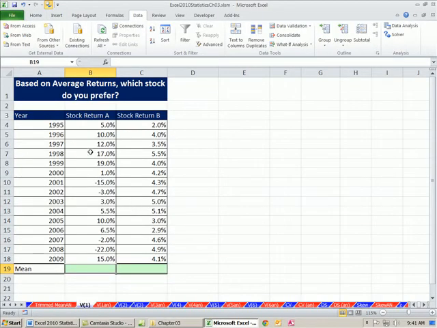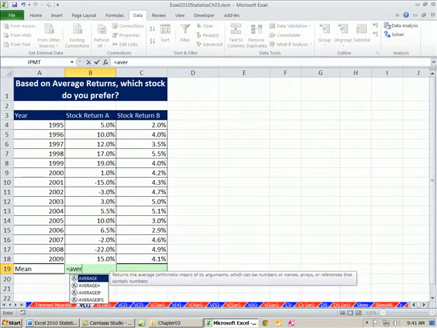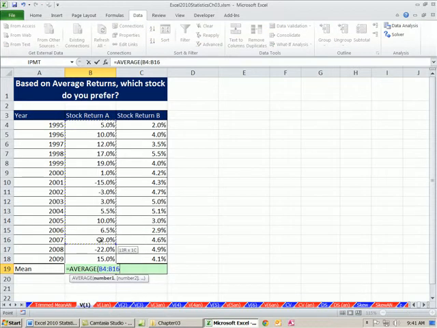Let's look at an example of a mean calculation that'll help us really understand what variability means, because it's hard to understand variability and standard deviation without talking about what the mean means. Let's calculate a mean. We have stock A and stock B. I'm going to calculate equals average, highlight that range.